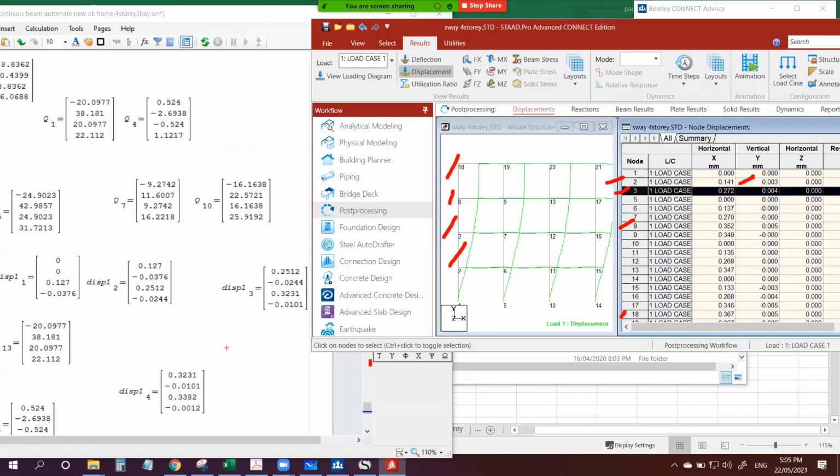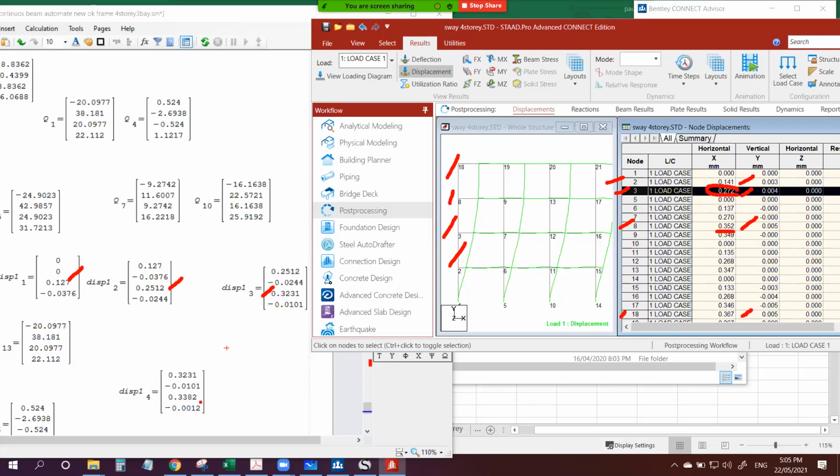So we're getting 141.27, 0.35, 0.36. STAAD gets 127.25. This one is comparable. We're getting 0.32, STAAD gets 0.35.